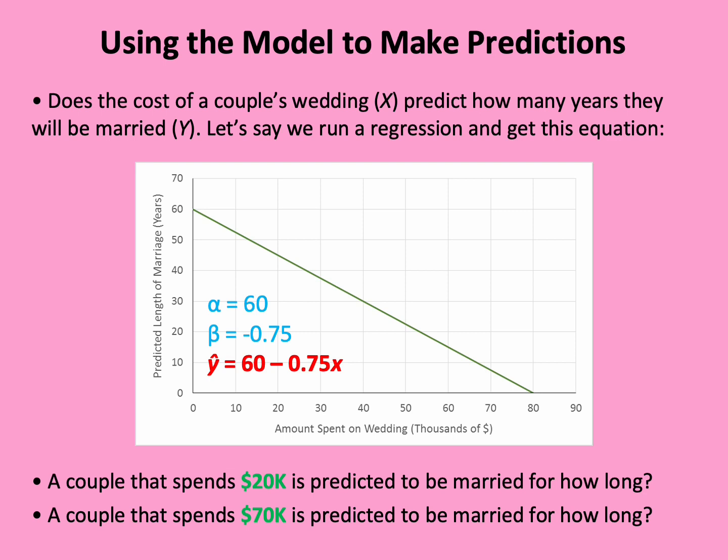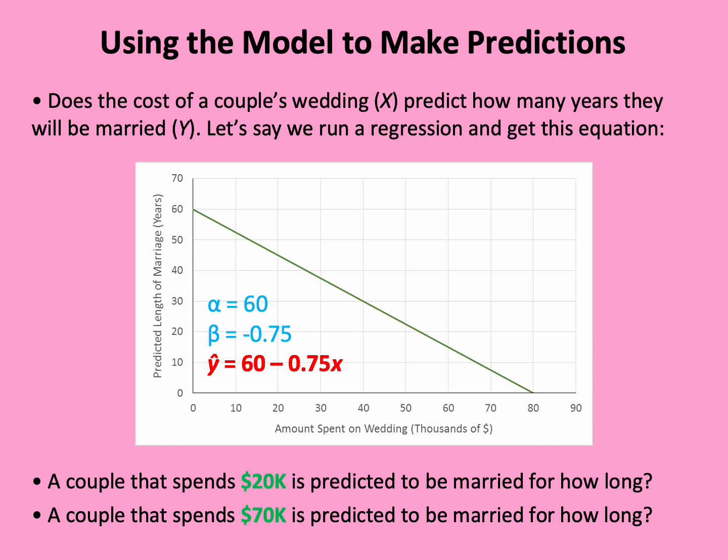20,000, okay? But because the 20 is already in units of 1,000, what we would do is multiply the slope, which is negative 0.75, by 20, and that would give us 15.